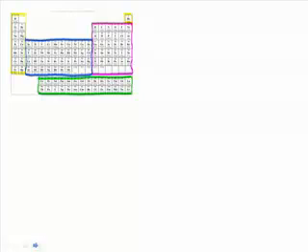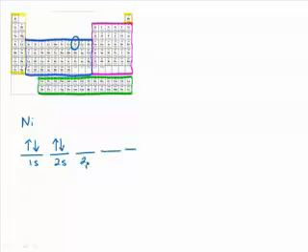All right, let's do one that's a little bit bigger. Let's look at, how about nickel, right there. So for nickel, again, it always starts the same. 1s, 2s, 2p, and I'm going all the way through that.